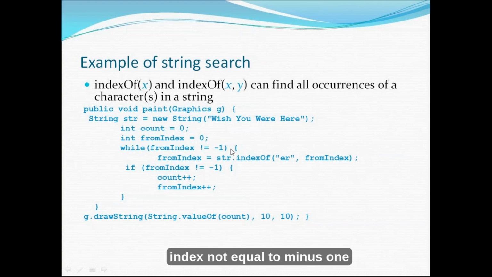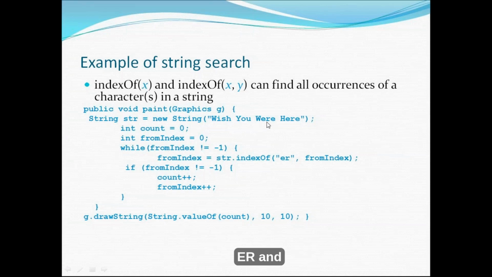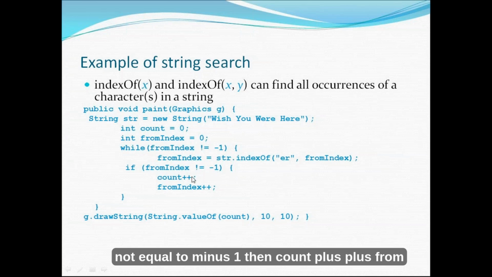While index is not equal to -1, fromIndex equals string.indexOf(x, y). From index is 0, so it will go from 0. If fromIndex is not equal to -1, then count++ and fromIndex++. Likewise, you can pass the value in the string for indexOf.